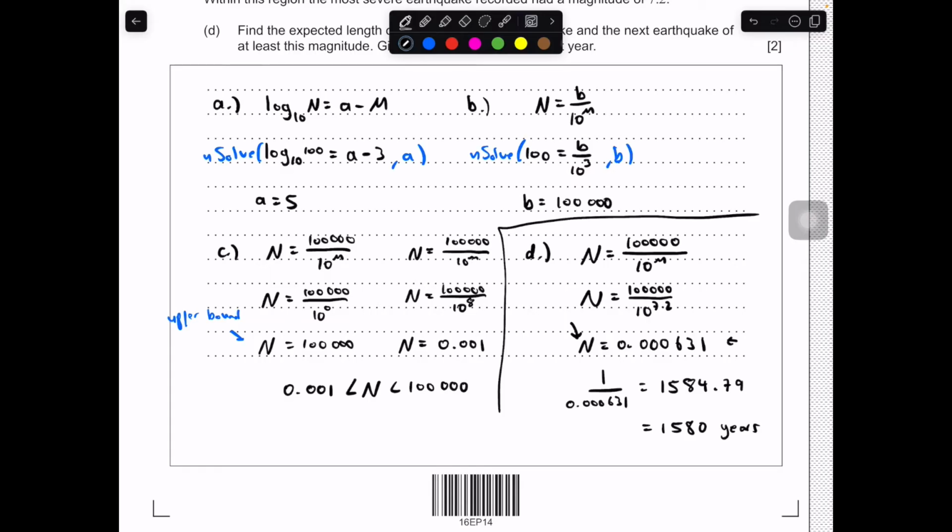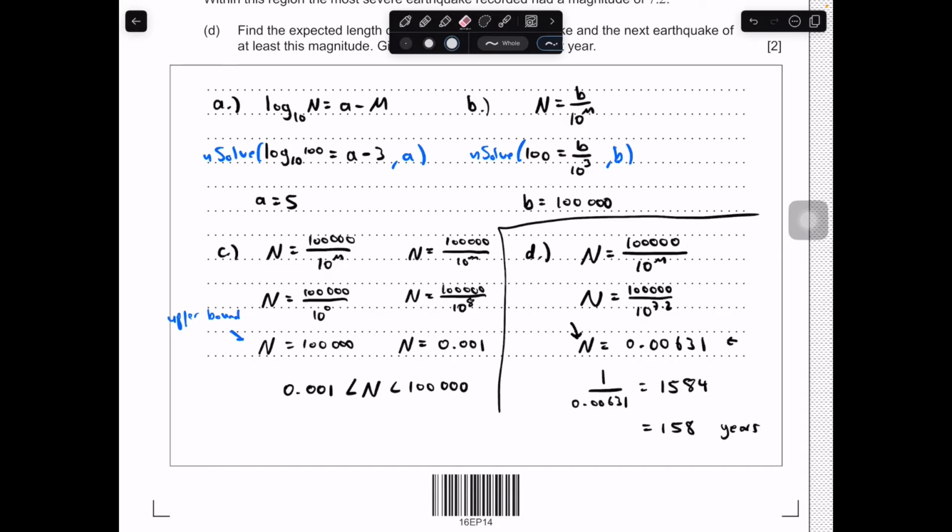Alright, let me just see if this is all correct. 10,000 divided by 0.00. Whoops, sorry, I think I forgot a 10 here. There shouldn't be so many zeros here. This should only be 0.006, and in that case this should be 0.00, and that would make this 158 years.